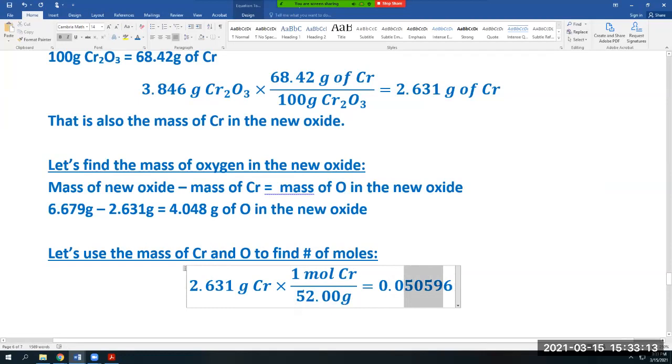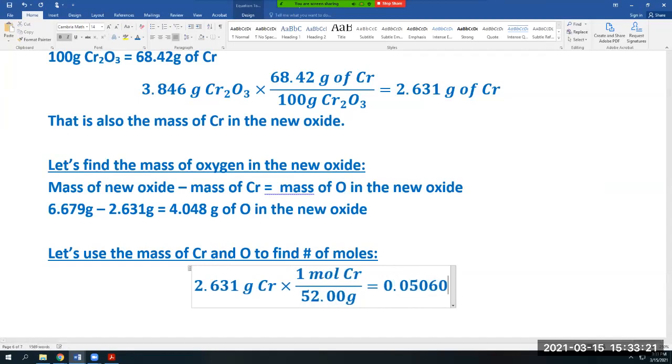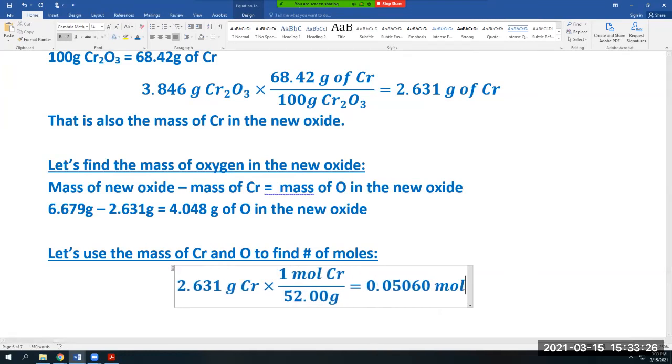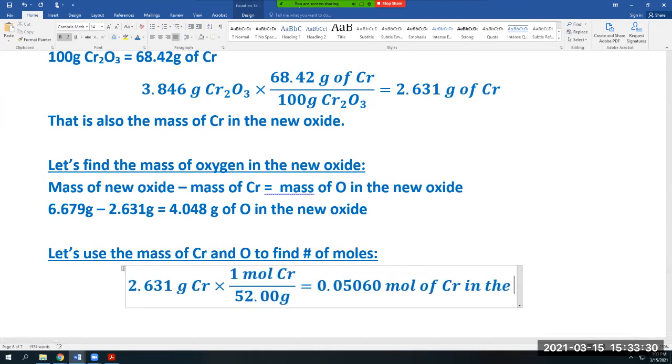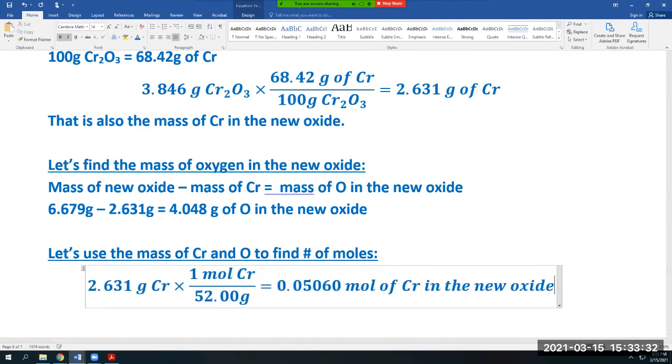What comes after the 9 is a 6. So this is going to be 60 here. So that's how we would round. And the unit is mole of chromium. And that's in the new oxide. Let's specify that. So that's the moles of chromium in the new oxide.